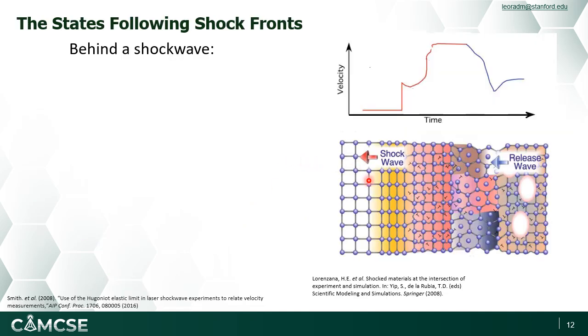So when we ask ourselves what exactly is the behavior in the material that then follows, we find that there's something that looks quite a bit like this, a beautiful diagram that is used a lot in shock physics as our introduction to how to think about material science during a shock. So we start with our ambient crystal here, a beautiful pristine lattice, in this case a cubic lattice.